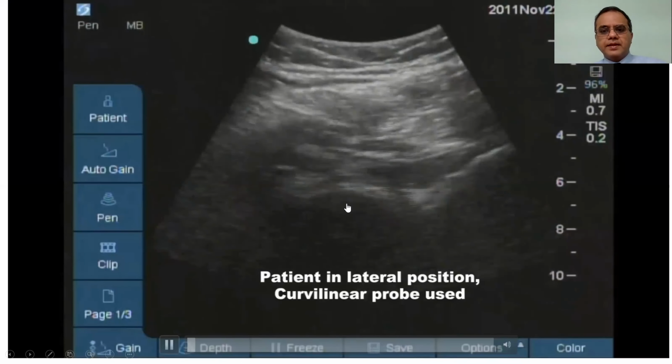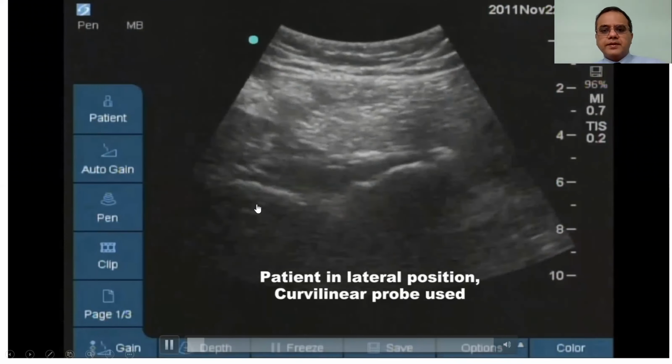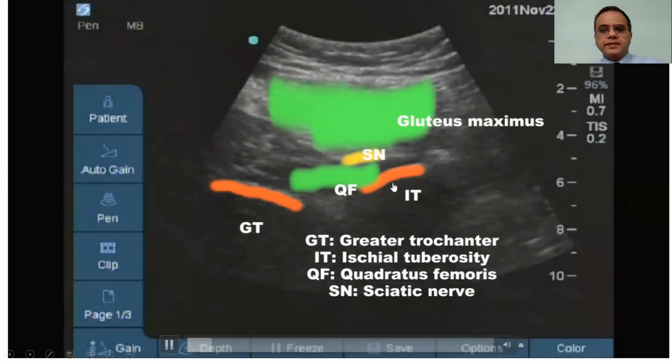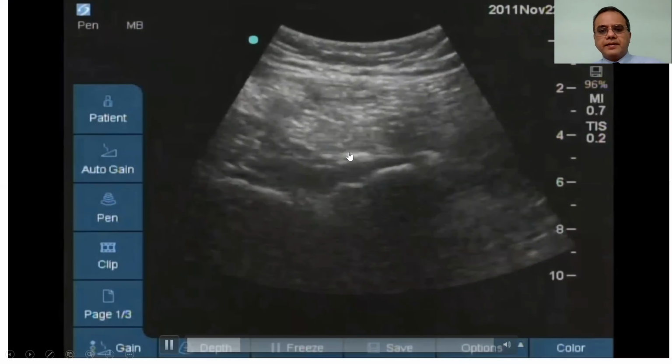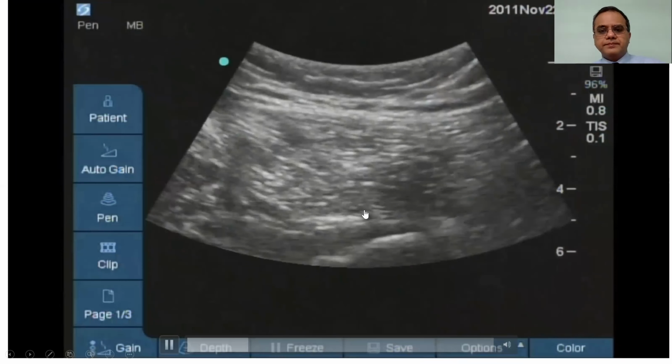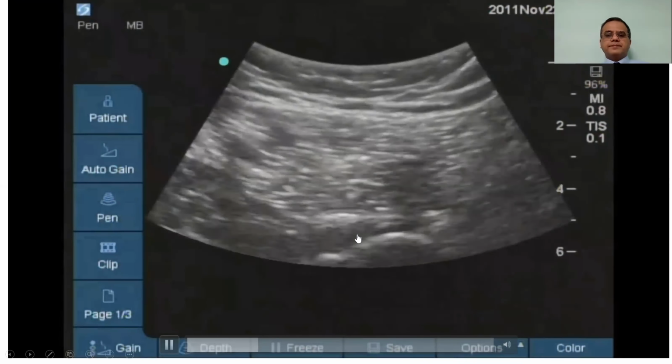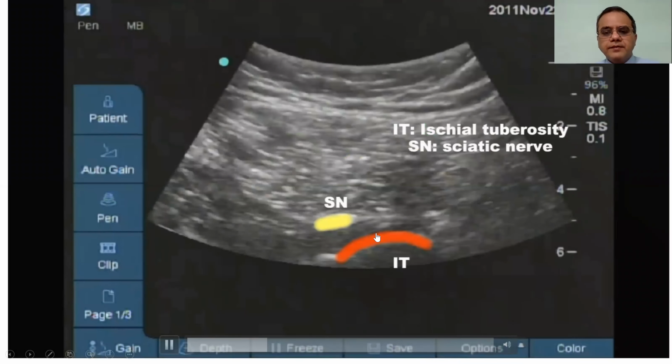So here you can see again the bony shadows produced by the greater trochanter and the ischial tuberosity, muscle shadows of the gluteus maximus and the quadratus femoris muscle, with the nerve lying in the middle between the two. The nerve usually lies closer to the ischial tuberosity than the greater trochanter.